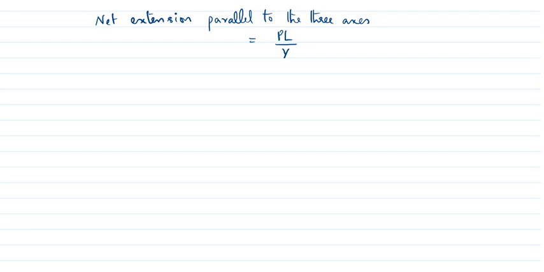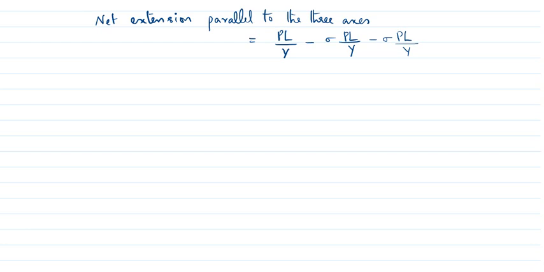So when we add, the extension will become a positive value, and the other term will come as sigma PL divided by Y, that is one compression, and another compression will also come in another direction. So PL divided by Y. It is in the opposite direction, that's why when we find the net value we will put a negative sign here.